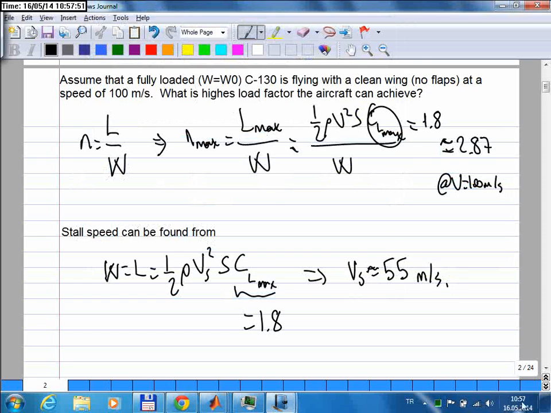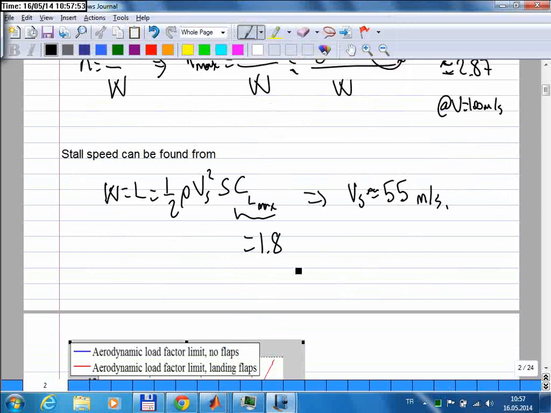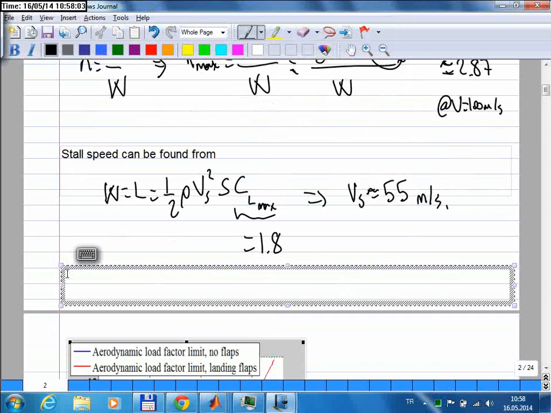Then let's consider the maximum speed. For the maximum speed we need to use the maximum engine power, at sea level.